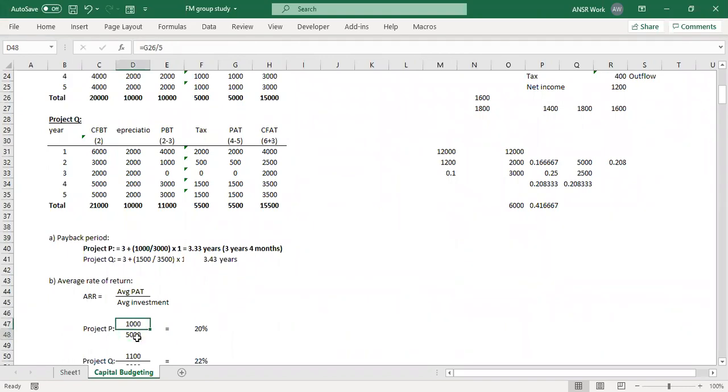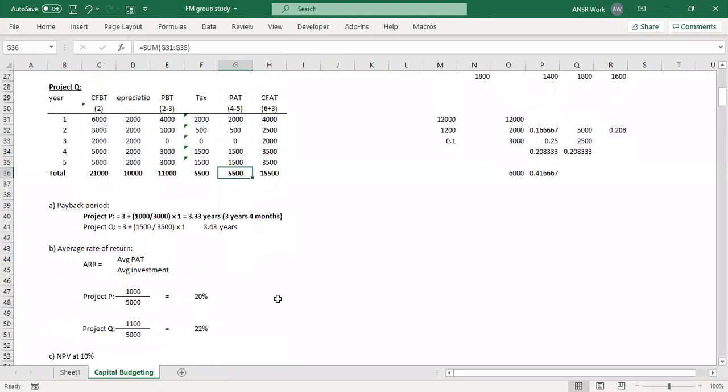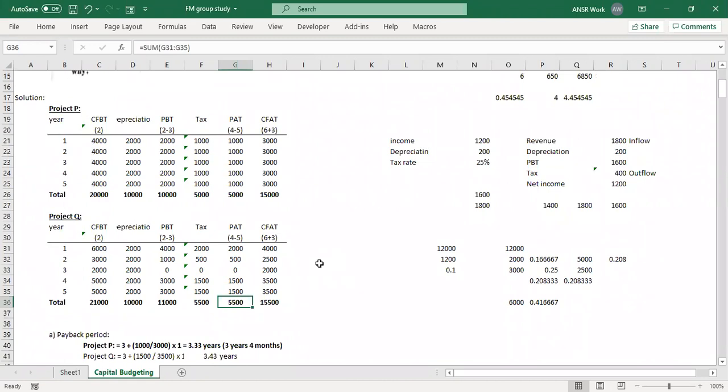So 1,000 divided by 5,000 comes to 20%. Similarly for project Q, PAT total comes to 5,500. That divided by 5 is 1,100. 1,100 divided by 5,000, exactly similar with 10,000 divided by 2, that gives us 22%. Is that okay? Any doubts, guys?